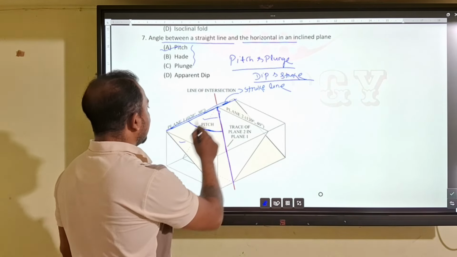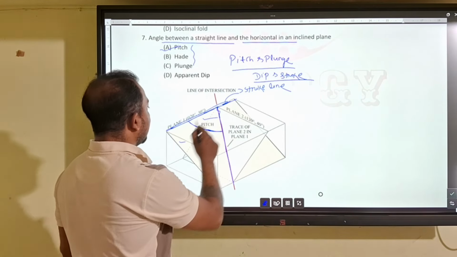So there are two types of dip. One is your true dip, another is your apparent dip. True dip is always measured perpendicular to the strike. This is the angle measured perpendicular to the strike, and true dip is the maximum dip of a bed.